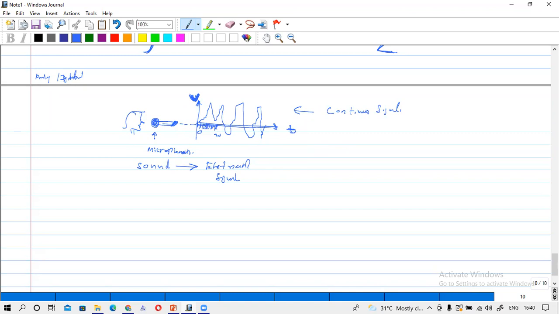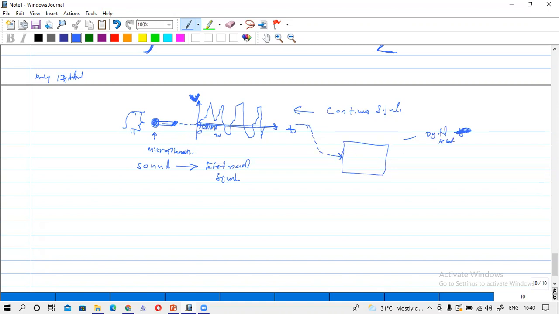Now you want to store this signal in a RAM or something. I think you have an idea about RAM. RAM is a digital electronic device.